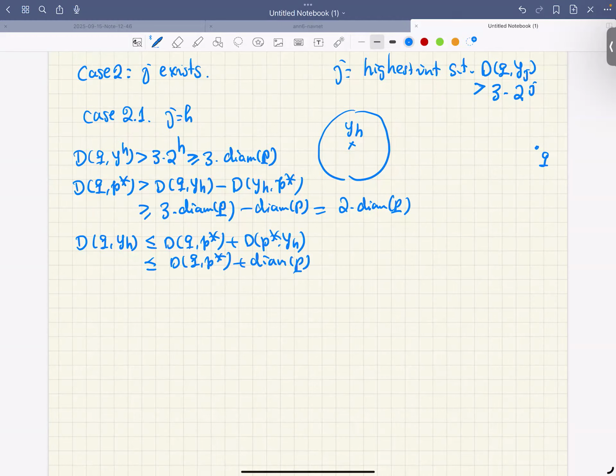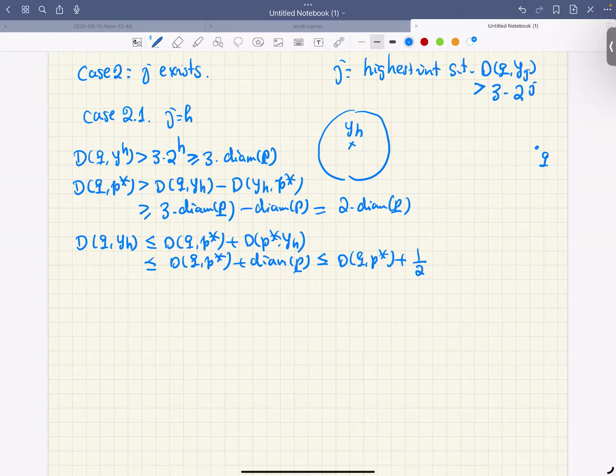So you already know the diameter is at most d(Q, P star) divided by 2, right? So now I can write this.